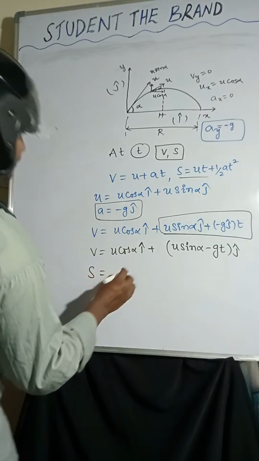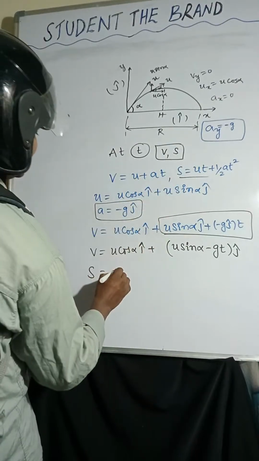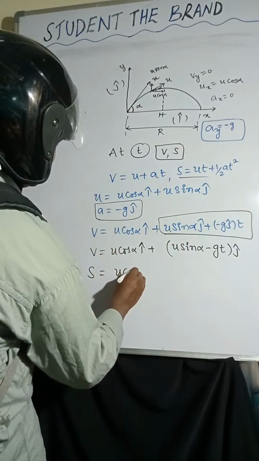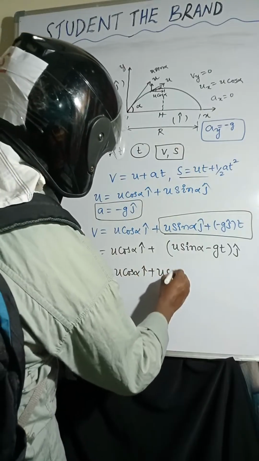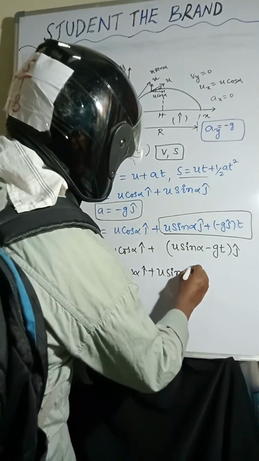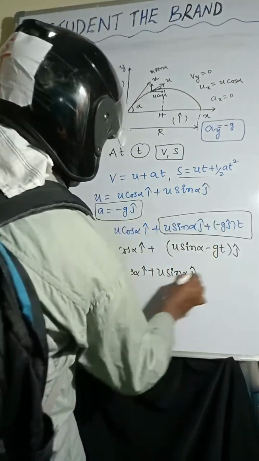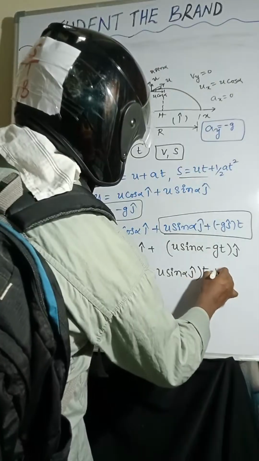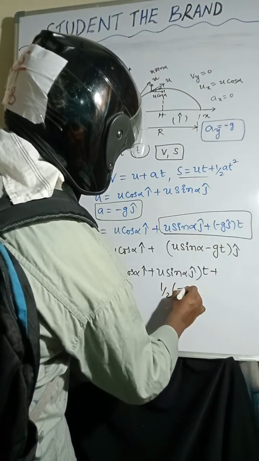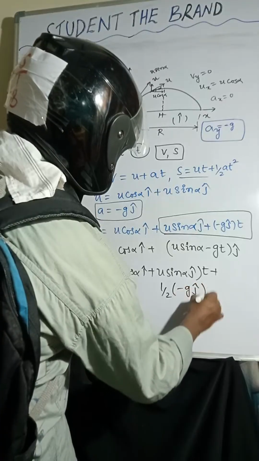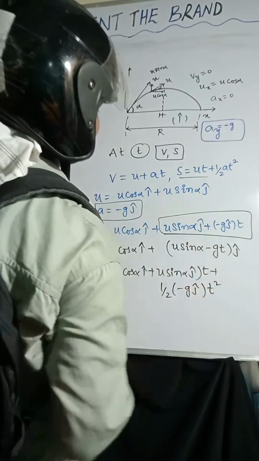S equal to u cos alpha i cap plus u sin alpha j cap into t, plus half into minus g j cap into t square.